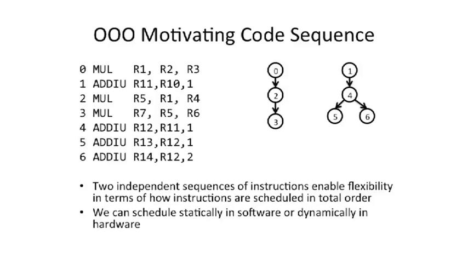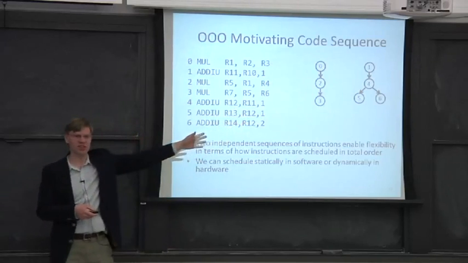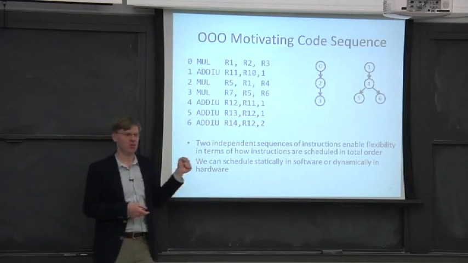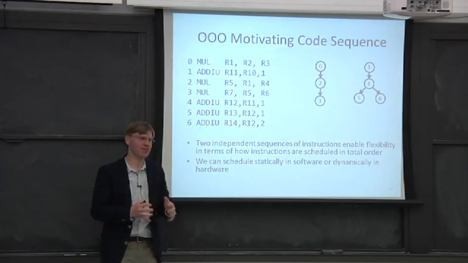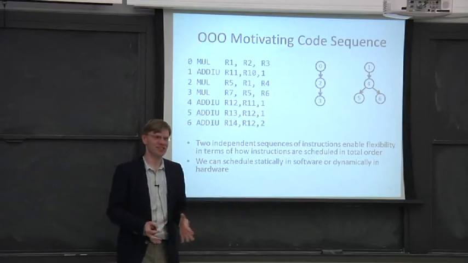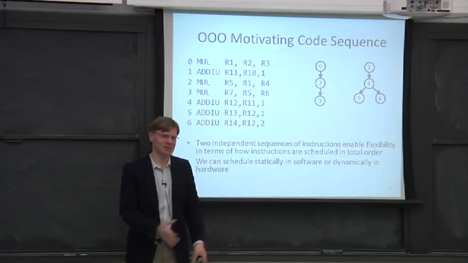OK, so an important thing to realize here is, why do these even happen? Why do we end up with non-dependent instruction sequences in a program? This is like a philosophical question. Why is this possible?